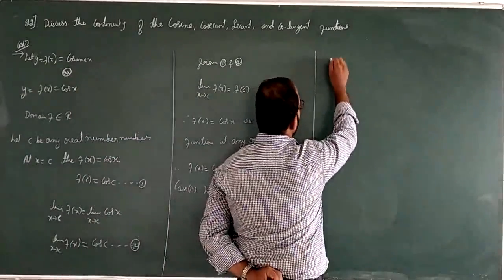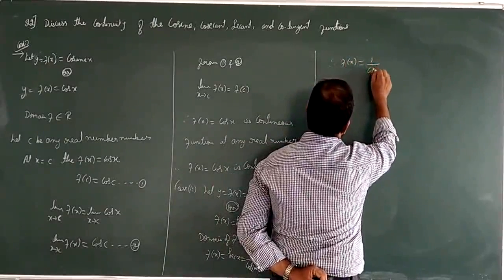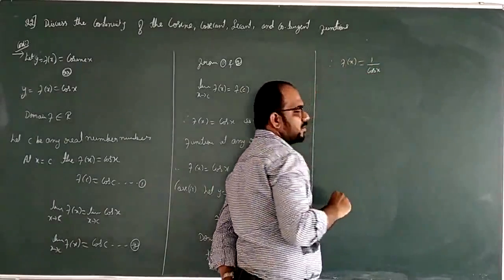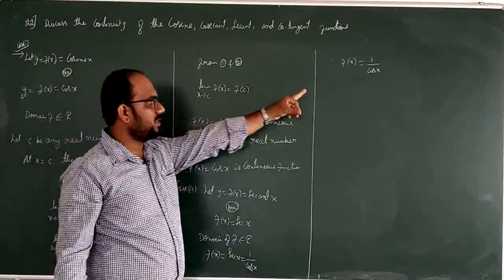Therefore f of x is equal to 1 divided by cos x, a quotient of two functions, one and cos x.